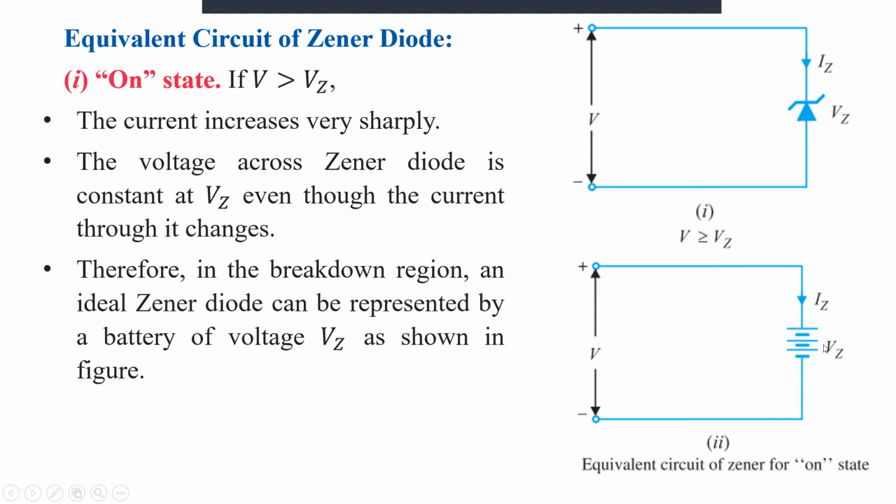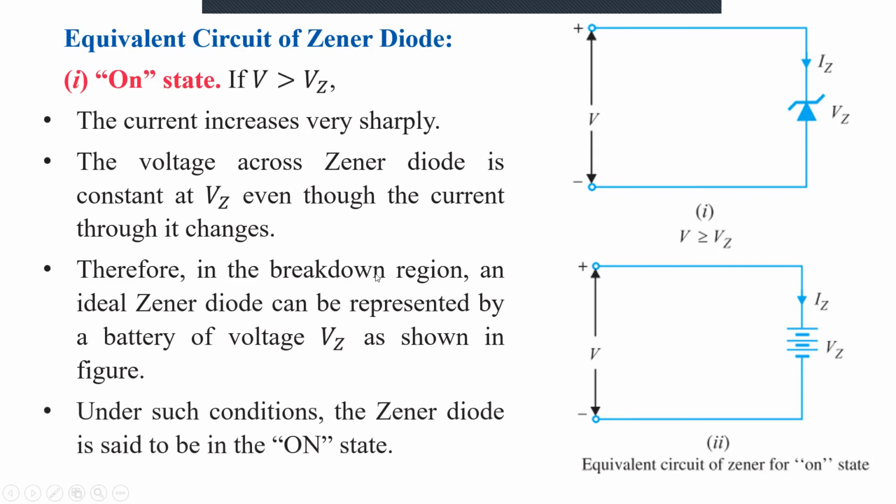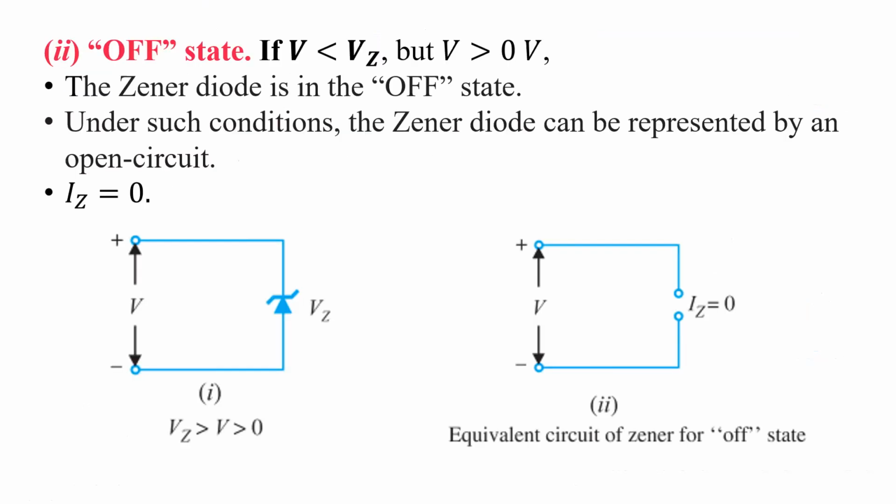So this is the equivalent circuit of the Zener diode when the applied voltage V is greater than Vz, and under such a condition the Zener diode is said to be in the on state. That means it conducts the current. Sufficiently high current will flow through it, but the voltage remains constant.